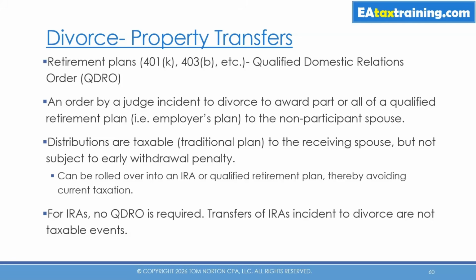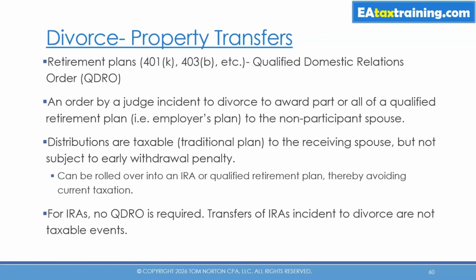Retirement plans through an employer can get special treatment during a divorce. There could be times where the non-employee or the non-participant is awarded a retirement plan in a divorce. For example, the wife is working, she's participating in her 401k plan at work, and as part of the divorce agreement, her husband is getting all or a part of that 401k plan.